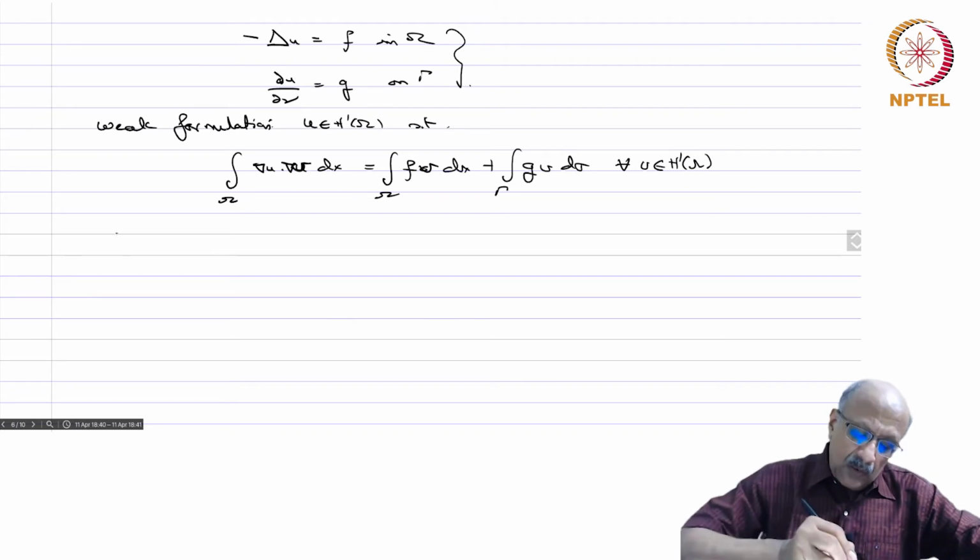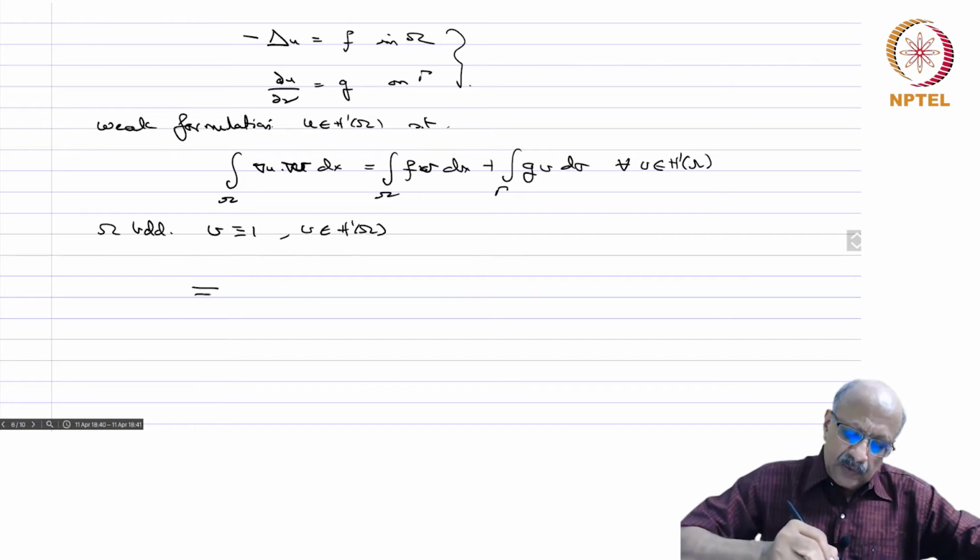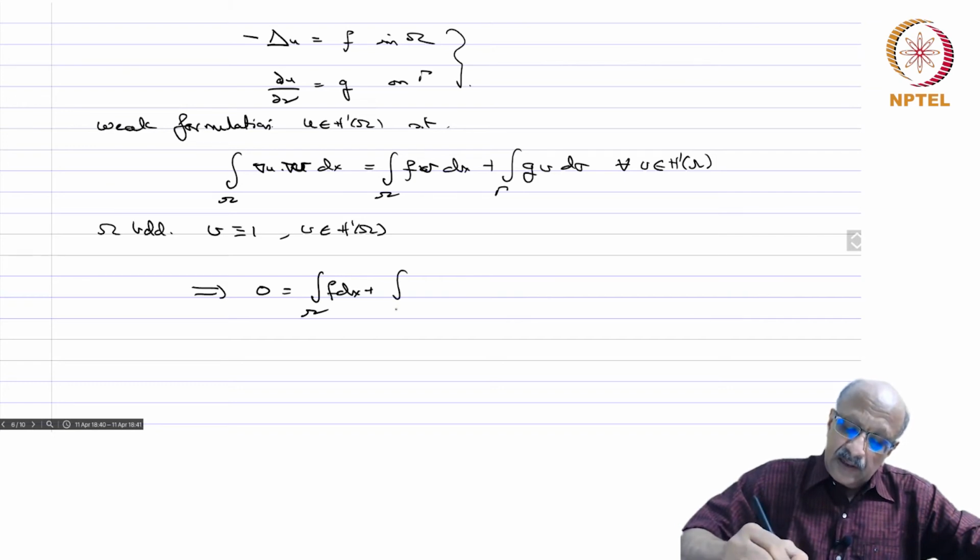Okay, so now Ω is bounded, so v identically 1 belongs to H1(Ω). If I substitute, this will imply that 0 equals ∫ f dx + ∫_Γ g dσ.